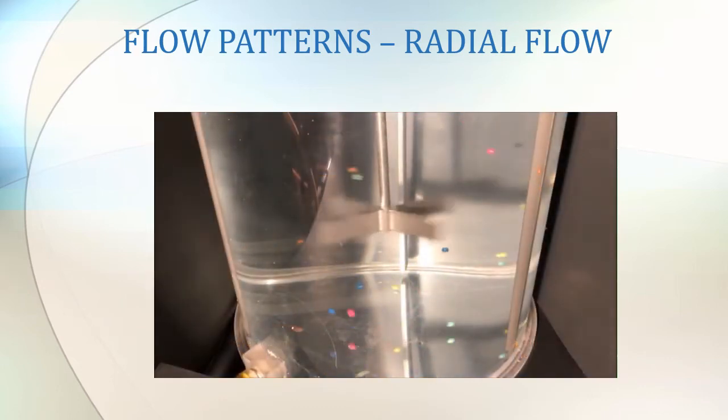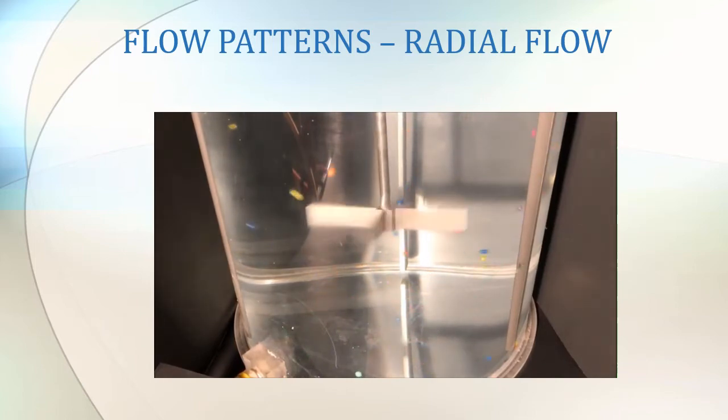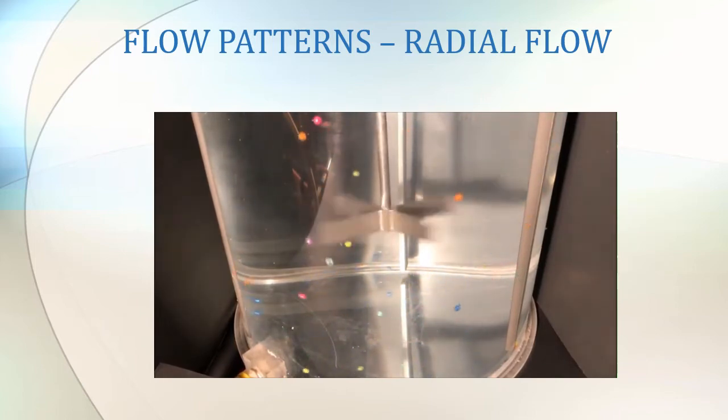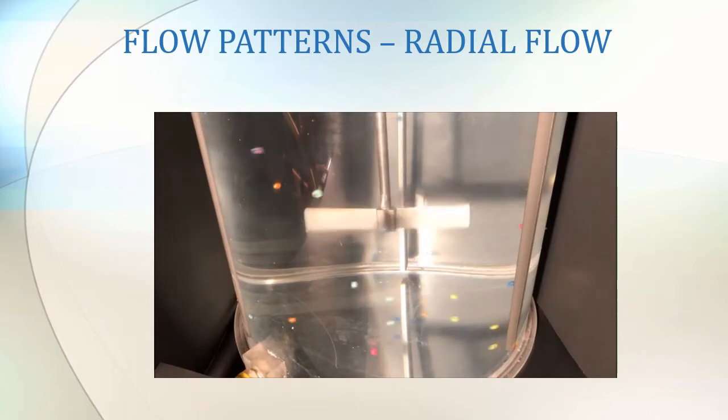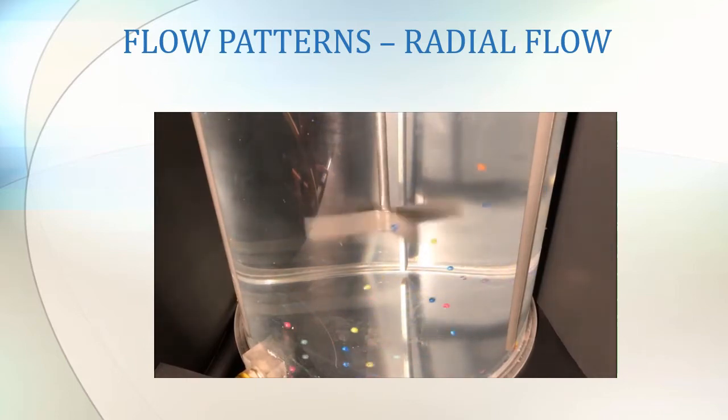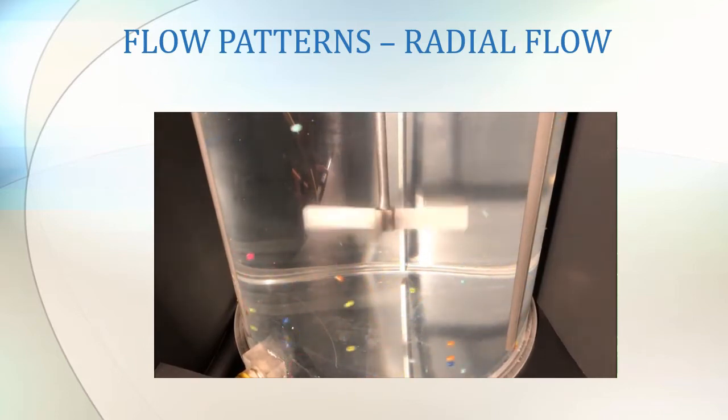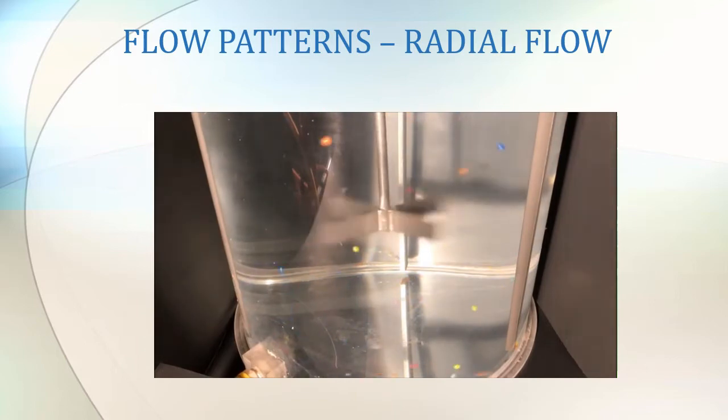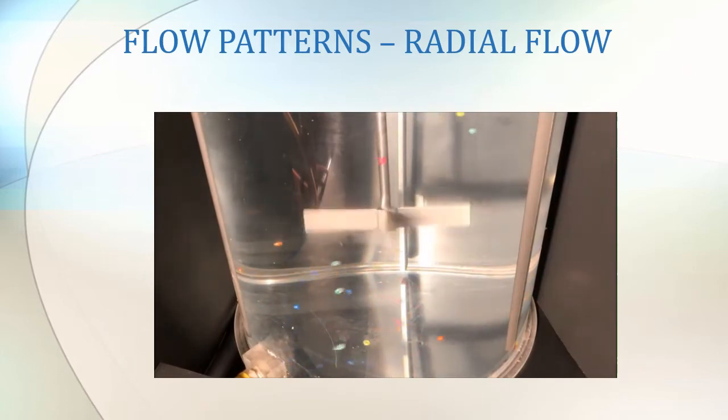This is the shaft and this is the turbine that we are using to create a radial flow. You can see here the beads are going outwards and then upwards or downwards. So this is a clear illustration of how a radial flow will look like.